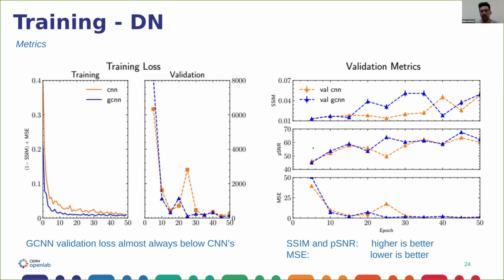We present here several metrics on the validation set. Just have a focus on the PSNR, which is the peak signal to noise ratio. It's kind of a logarithmic scale for the mean square error, and higher scores here are better. So as you can see here, the blue line is almost always above the orange one.